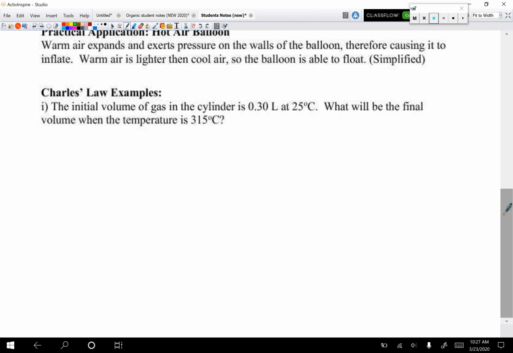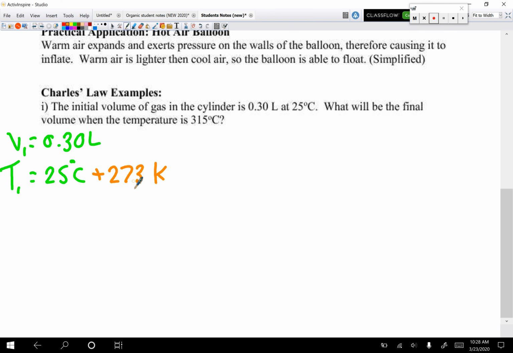Just like before, you want to get in the habit of writing down all of your variables. We know the initial volume, so V1 is equal to 0.30 liters, and T1 is equal to 25 degrees Celsius. It's a good habit to add 273 to get T1 of 298 Kelvin, because we don't use degrees Celsius.